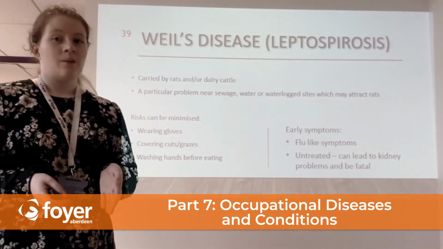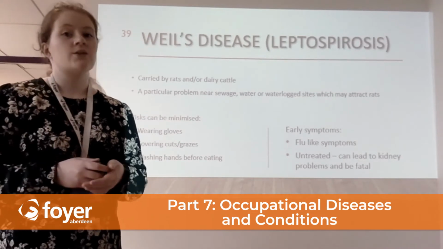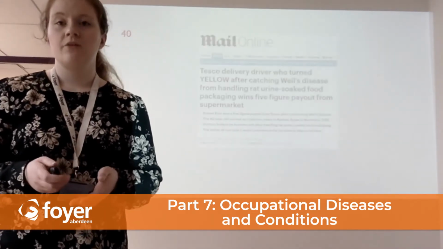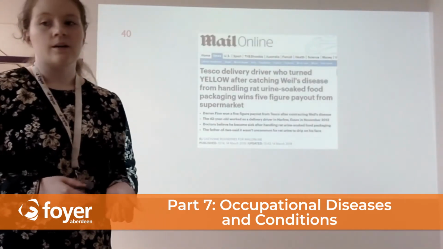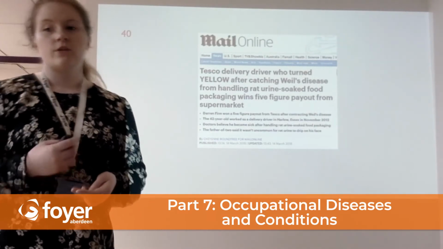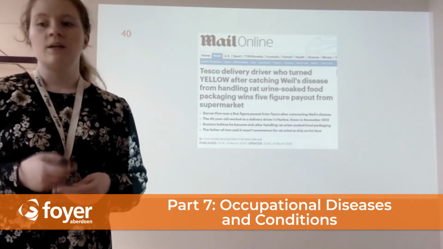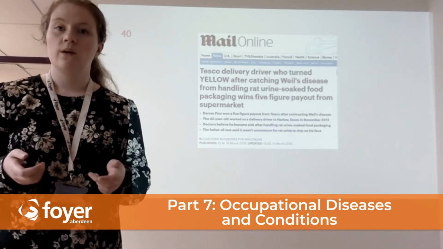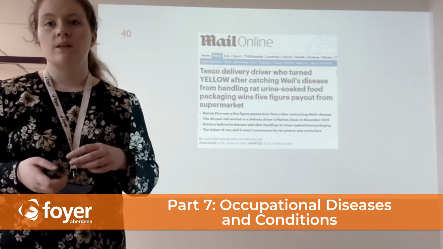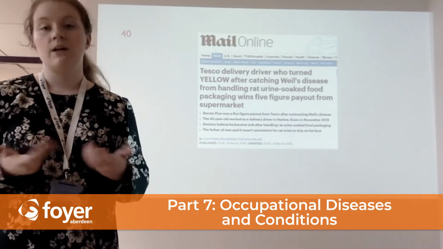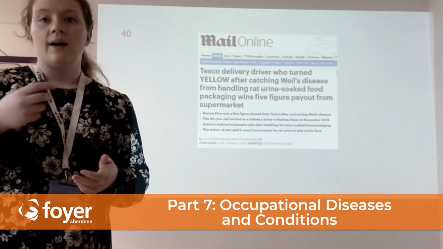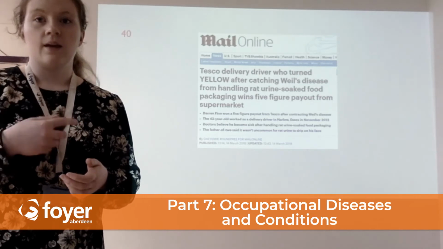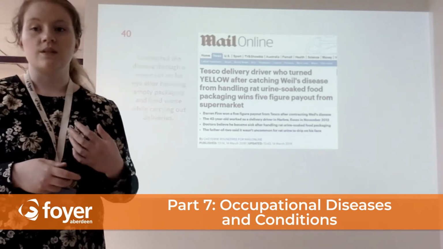To give you an example of something that was completely unrelated to construction, it was actually a Tesco delivery driver. I've got an article here where the delivery driver turned yellow after catching Weil's disease because he was handling rat urine-soaked packaging when he was in the warehouse. So the rat urine was getting onto the parcels and he was manually handling them, and that made him get Weil's disease.